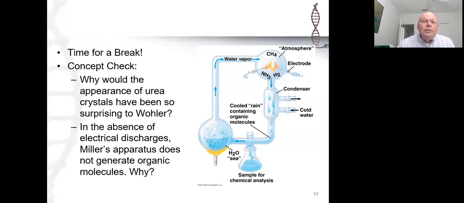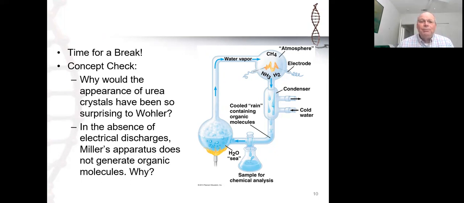And number two, he would not have expected mixing inorganic chemicals together to give organic molecules, because no one had ever done it before. This was the first time this had happened.